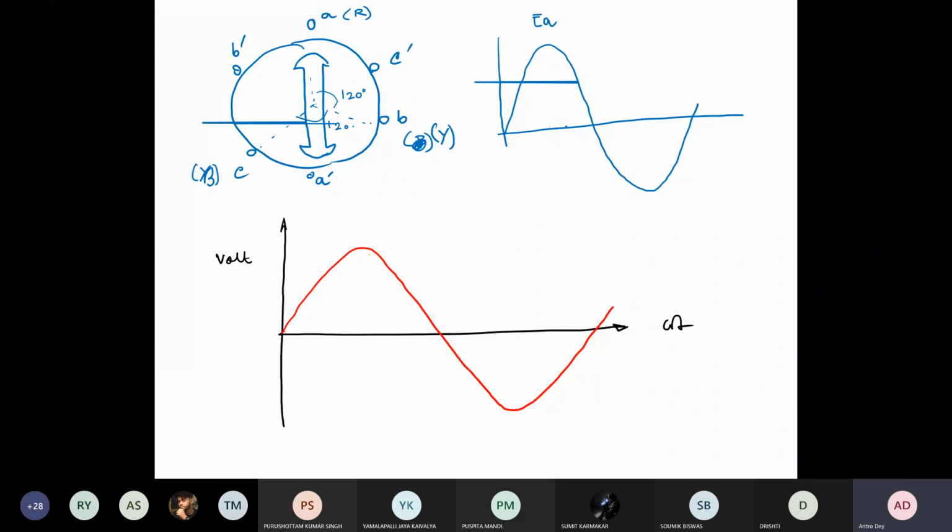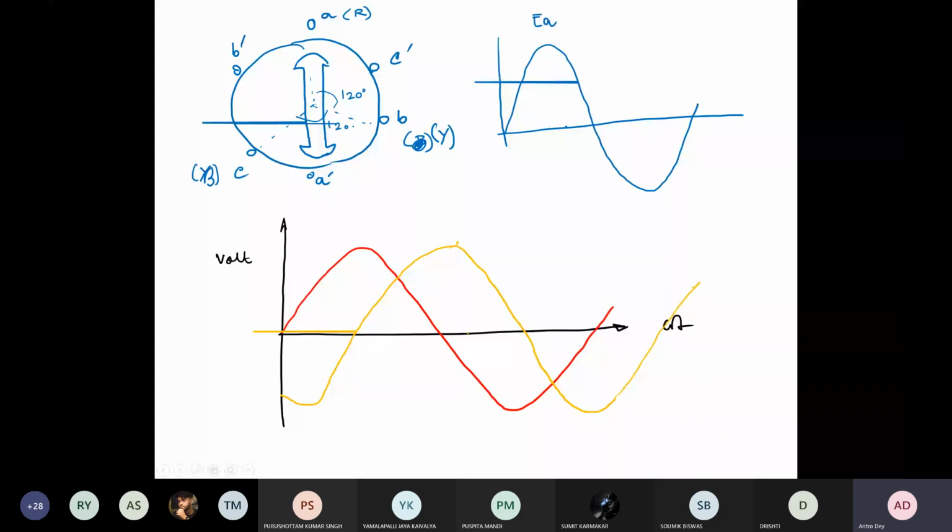So this is 90. So from here this is 90. Then this is another 90. So one third of that. Sometime here the yellow phase will have its peak. Okay.